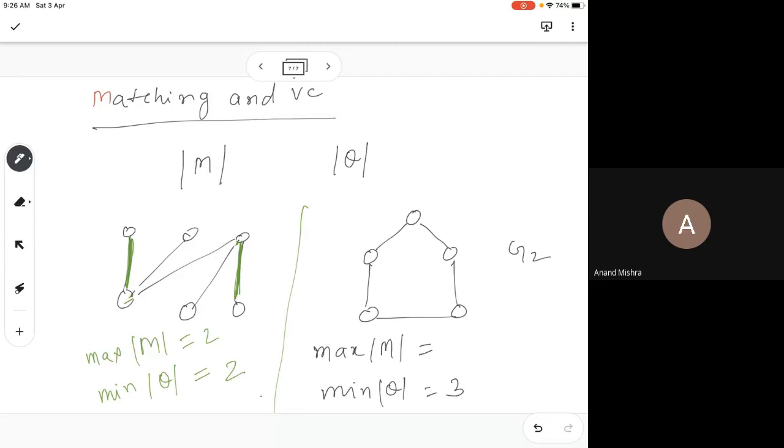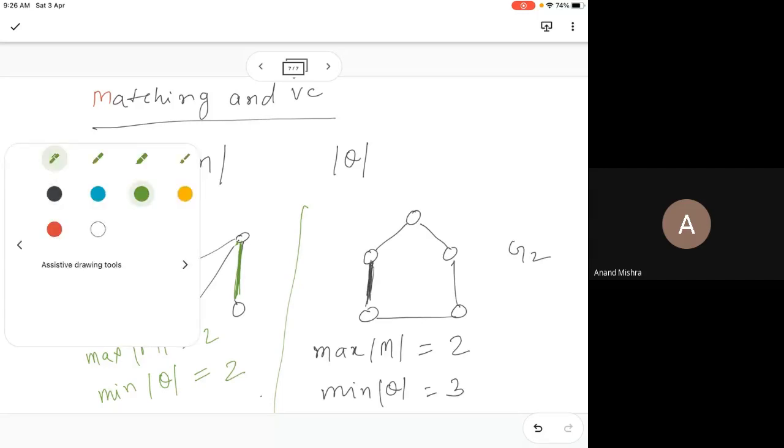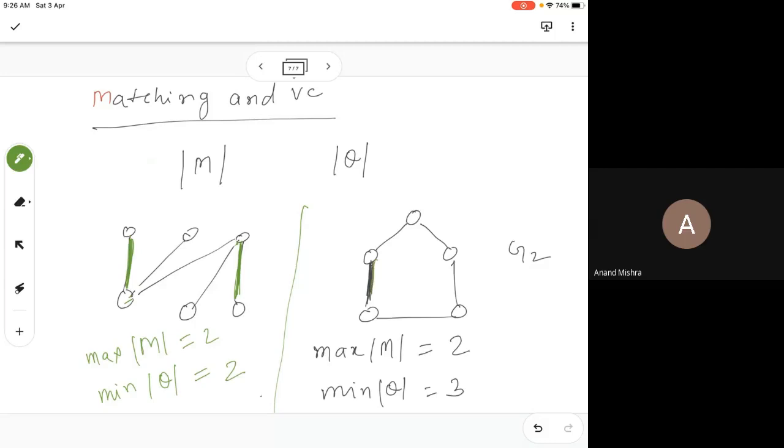What is max M for this graph? Can you have 3 matching? No. You will have 2 matching maximum, right? So maybe if you match this, using green again, and this, and this, you will never have 3 matching in this graph, right?